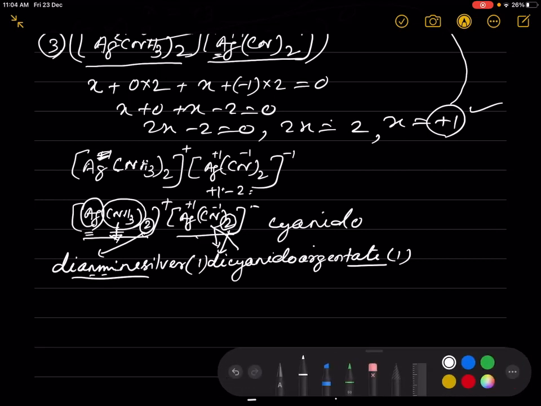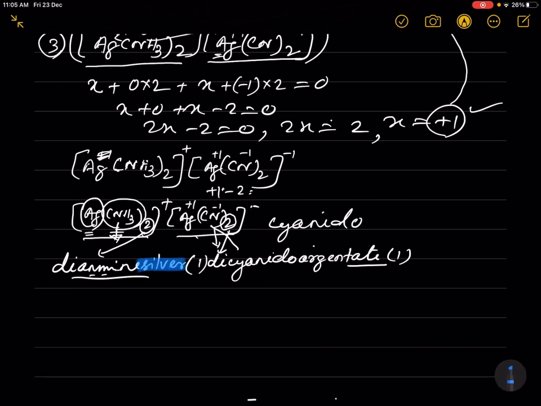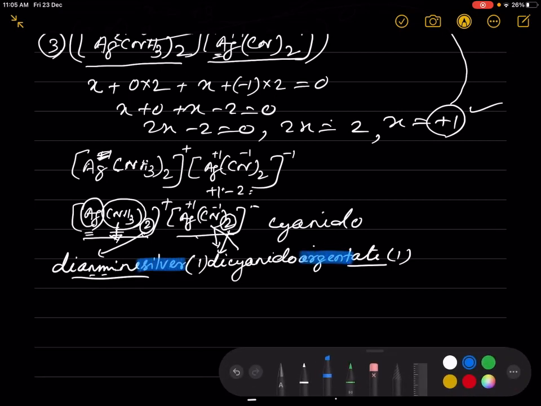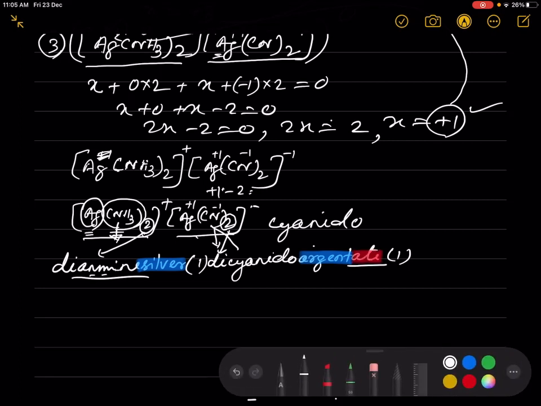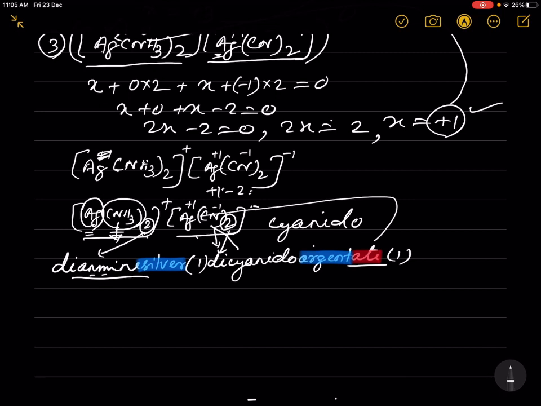And here you will see this is silver over here, but this is argentate, and ate is for anionic complex as a suffix, argentate. If there is an anionic complex, the metal atom is suffixed by the group of letters ATE.